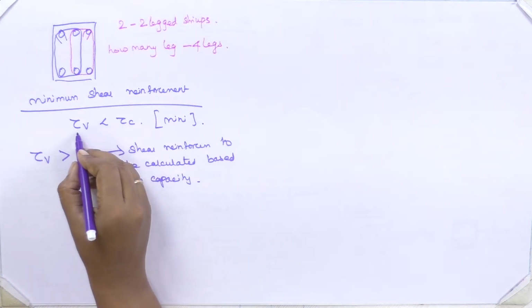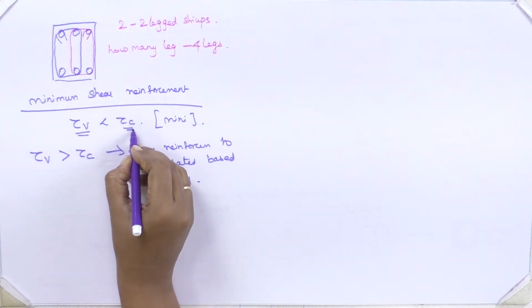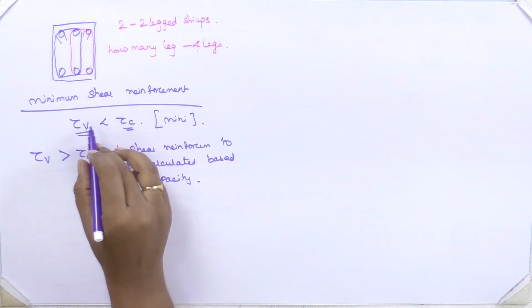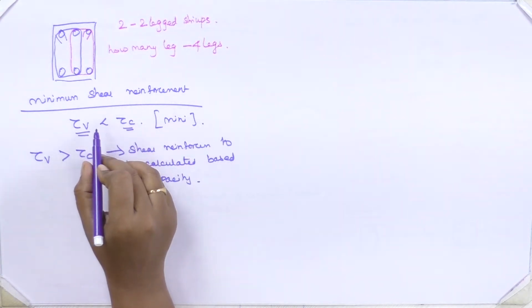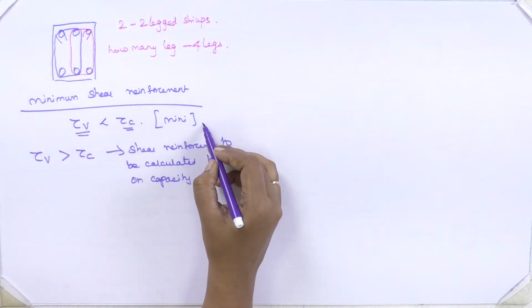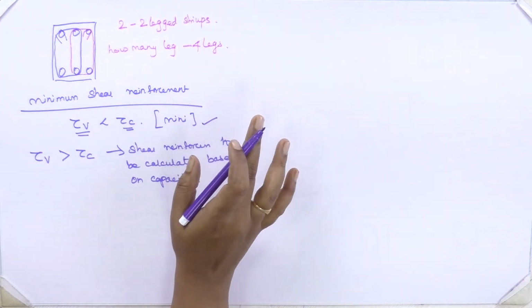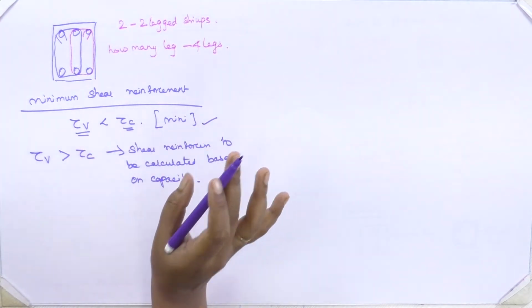First you need to calculate the nominal shear stress value, then you need to take your tau C value from your code book. So you need to check whether tau V is less than or greater than tau C. When tau V is less than tau C, you need to provide minimum shear reinforcement, or else in some cases no need to provide shear reinforcement also, as it is being barred by your section.